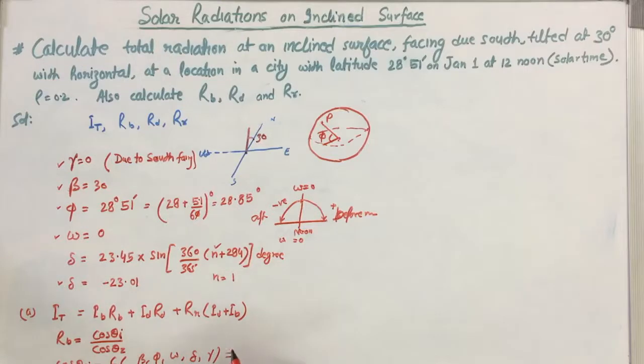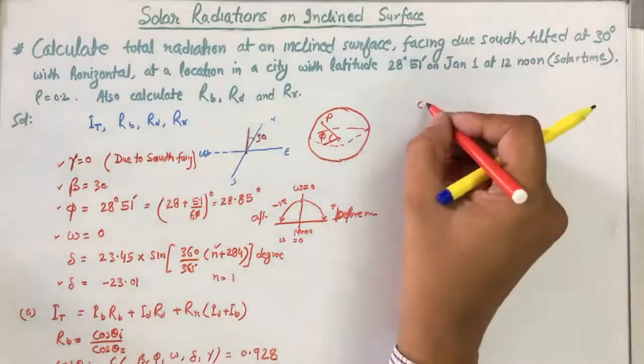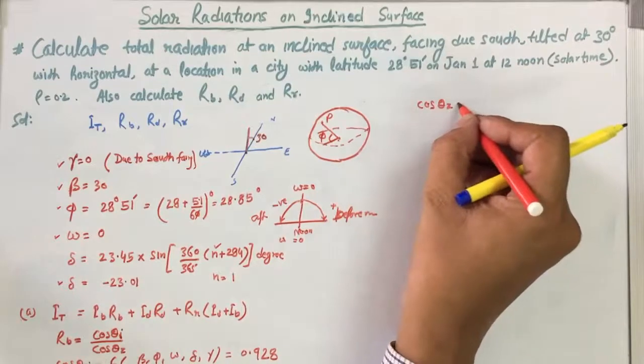From the already calculated value, I can find 0.928. This is cos theta I, and cos theta Z simultaneously can be found out.